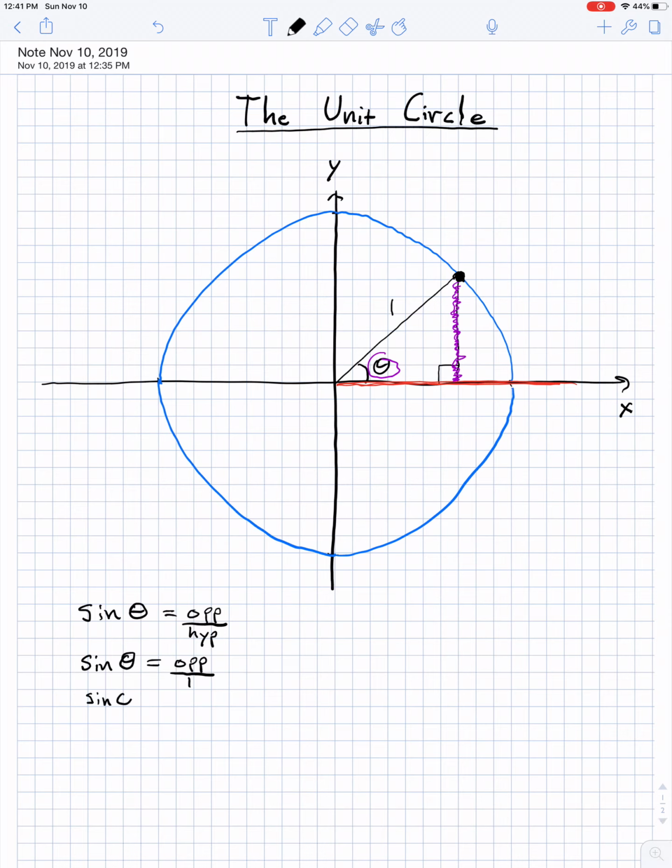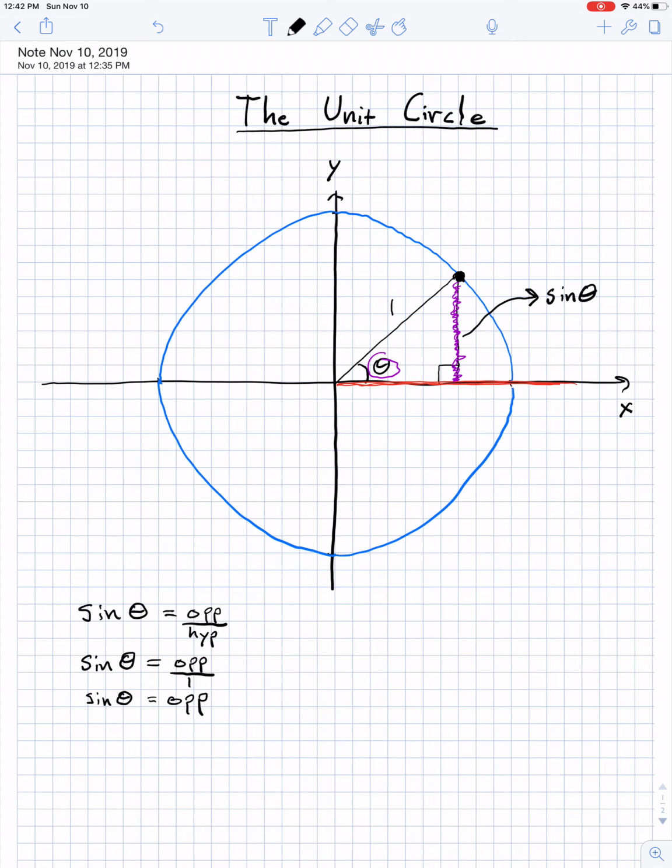So in the case of the unit circle, the sine of theta is equal to the length of the opposite side. Remember, sine is just a function. What's a function? A number goes in, an angle theta, and some number between -1 and 1 pops out. The number that pops out in this case will be the length of the opposite side. So on the unit circle, the length of this side is equivalent to the sine of theta.